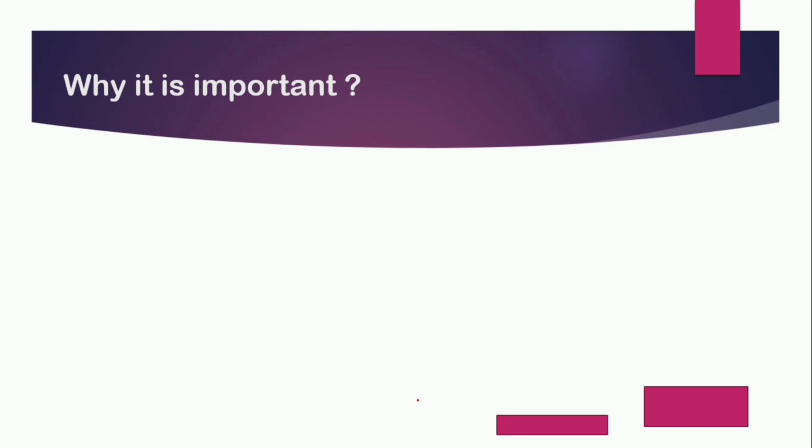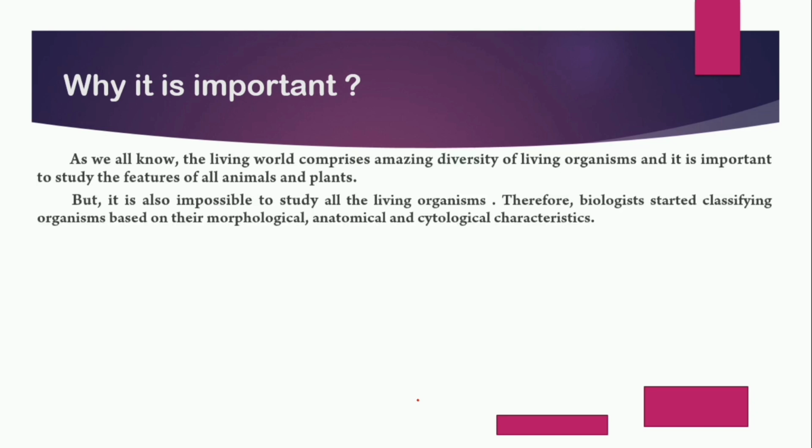We should know this. As you all know, the living world comprises an amazing diversity of living organisms, right? We have a diverse variety of plants and animals around us, isn't it? Just look around yourself. You'll find trees, shrubs, herbs, then there are some microbes, reptiles, insects, and large animals like cats and dogs.